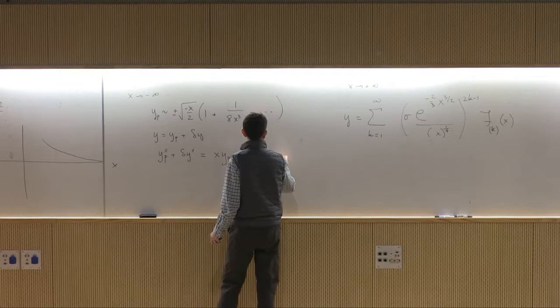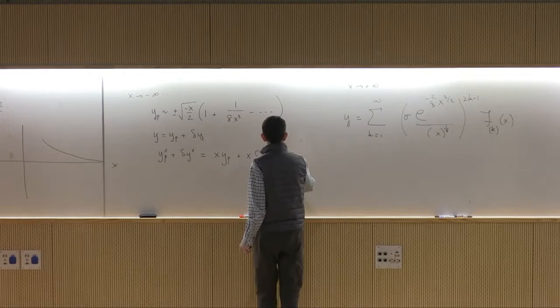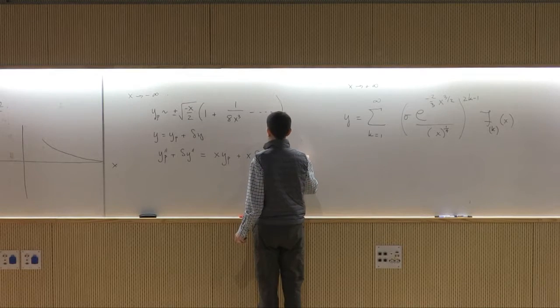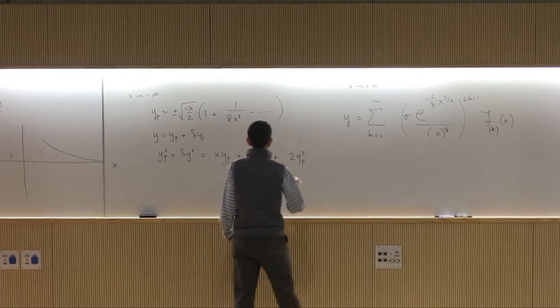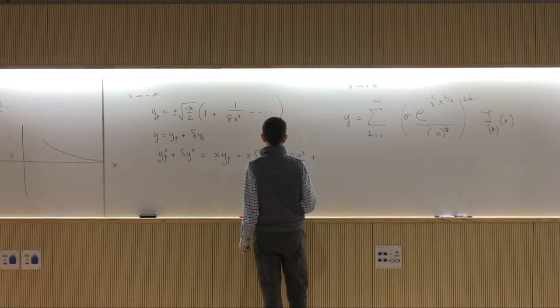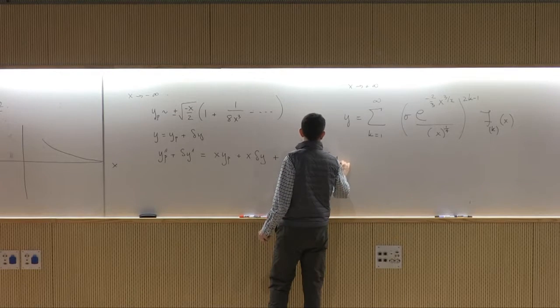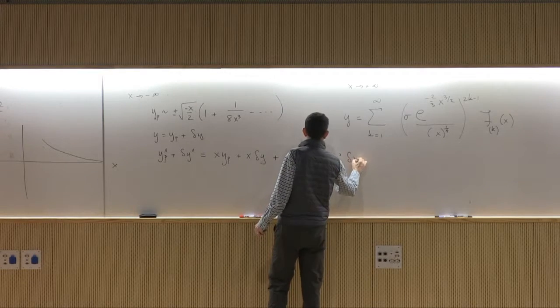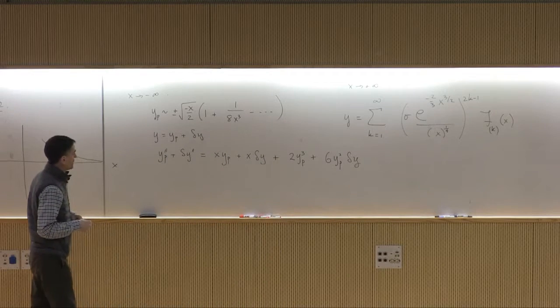And then I'm going to get 2 yp cubed plus 6 yp squared delta y. Okay?